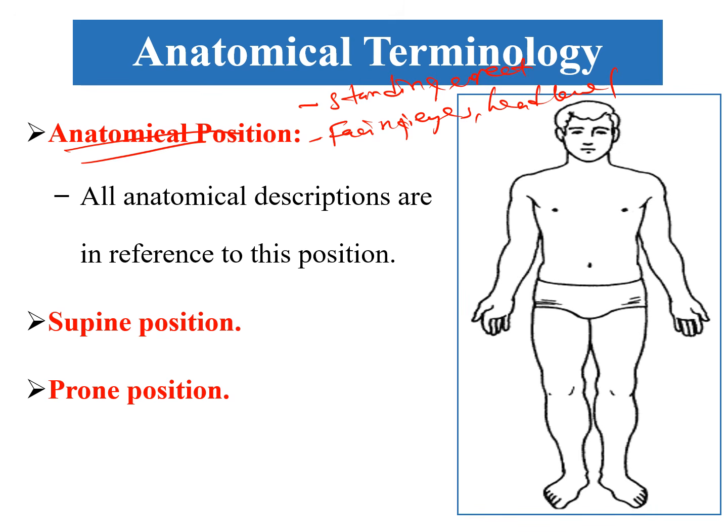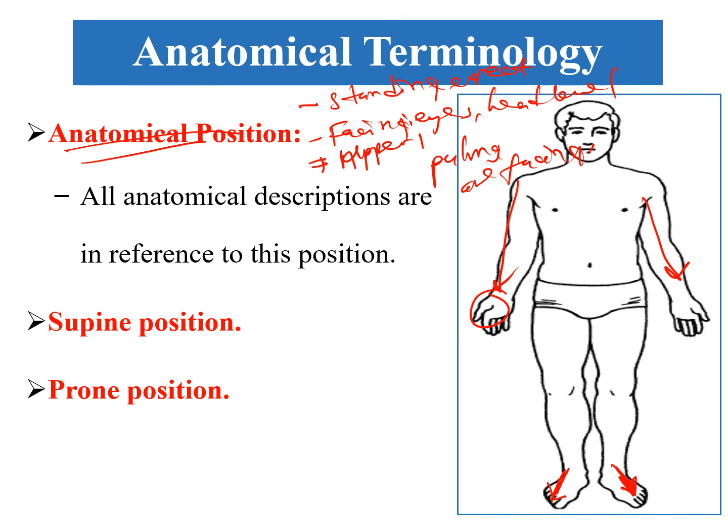As the subject is standing erect, the upper limbs or the hands are on the sides like this. As you can see from here, the hands are on the sides and the palms are facing forward. The feet are lying flat on the floor, parallel to one another as well as facing forward.